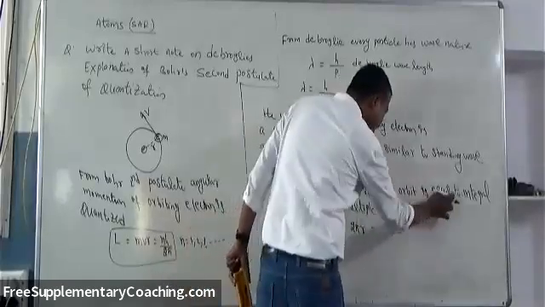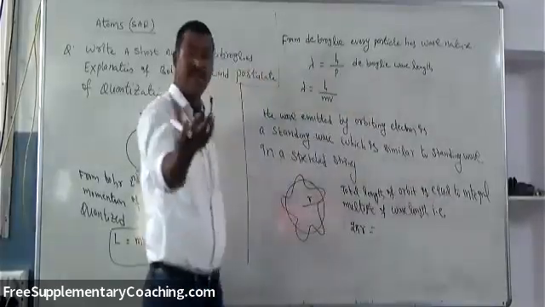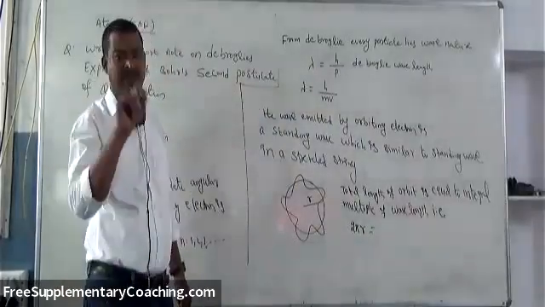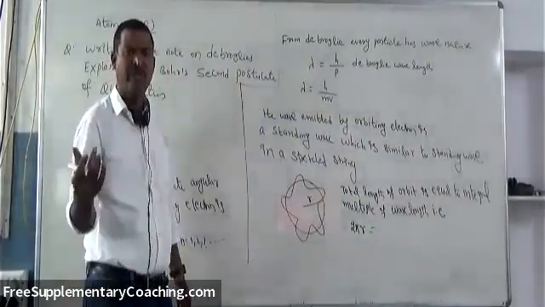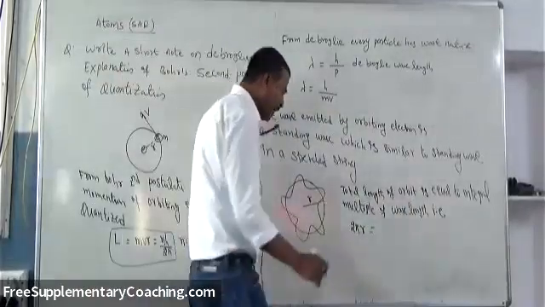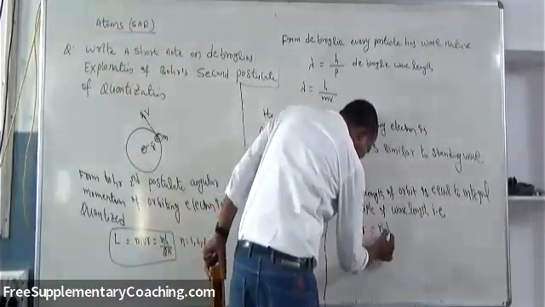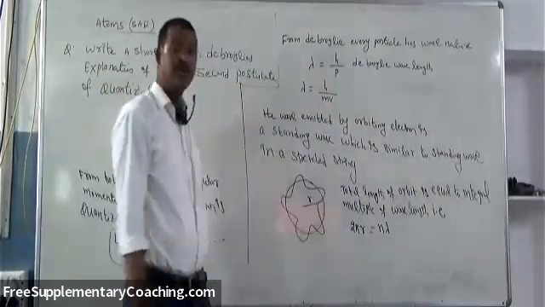Total length of the orbit is equal to an integral multiple of wavelength. Integral means n, 1, 2, 3, 4, 5, into wavelength lambda. So 2 pi r is equal to n lambda.